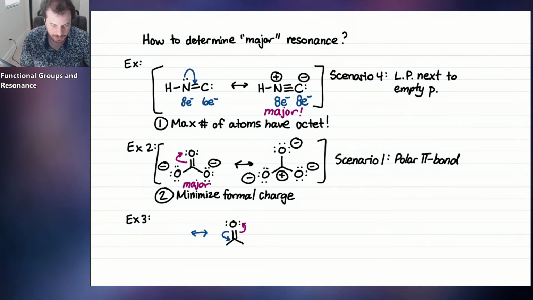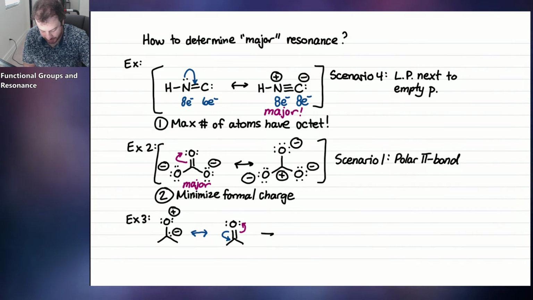So if we go down and move electrons onto carbon, we'll get this structure here. And if we move electrons up onto oxygen, we'll get this structure here.